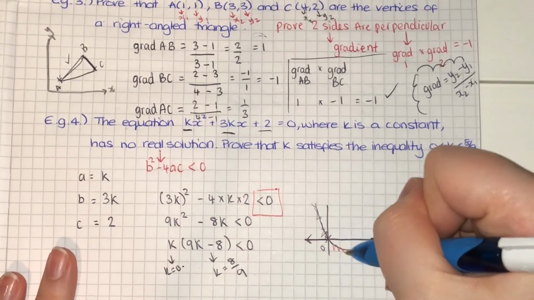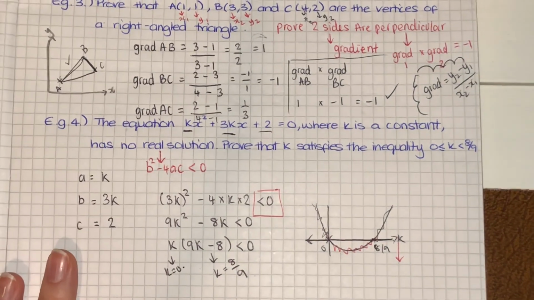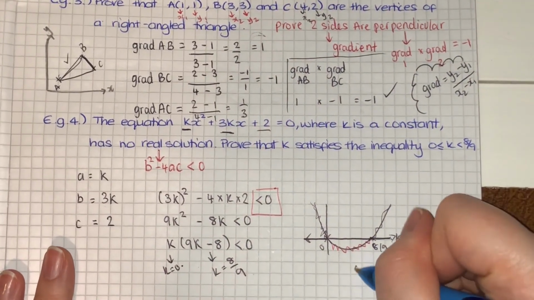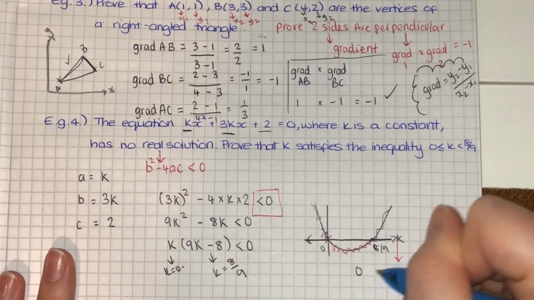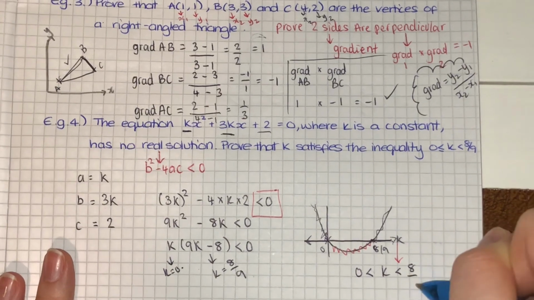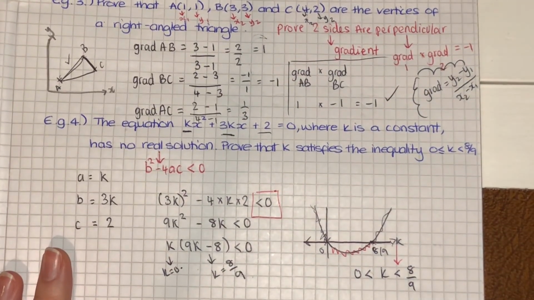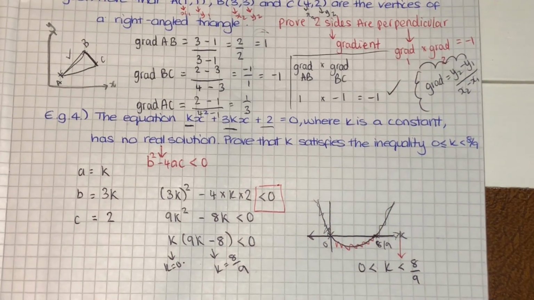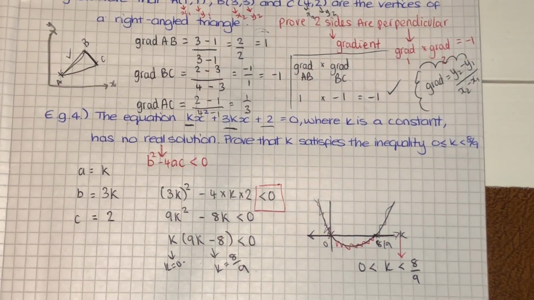So it means we want all the bits that are between the 0 and the 8/9. So that means that the answer is going to be 0 less than k less than 8/9. Okay, so after this we're now going to do a separate video and we'll go through part 2.